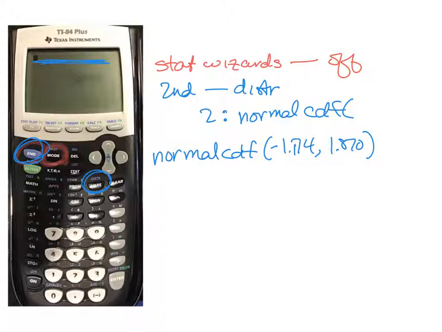Here's the comma button right there. Close my parentheses. And I get an answer of 0.849. That right there is my probability that Amy's time is between 37 and 44 seconds. Cool? All right.